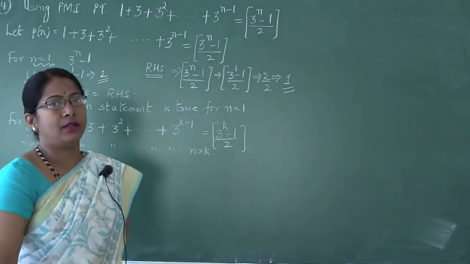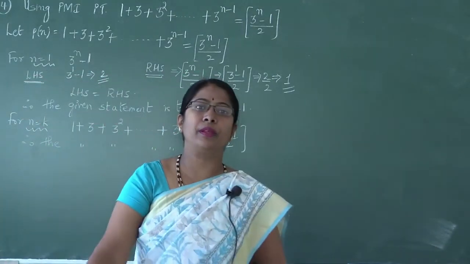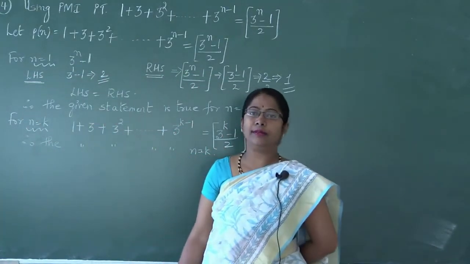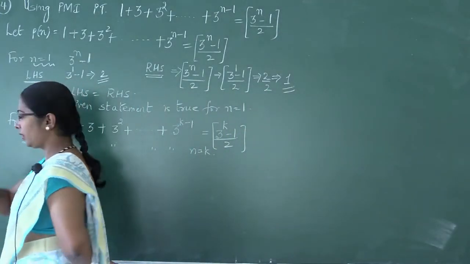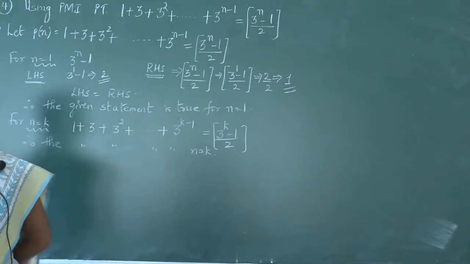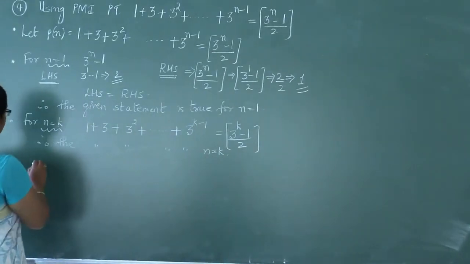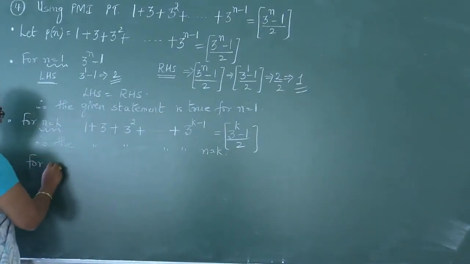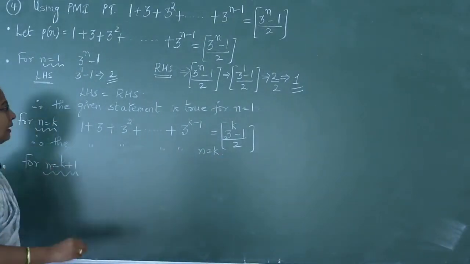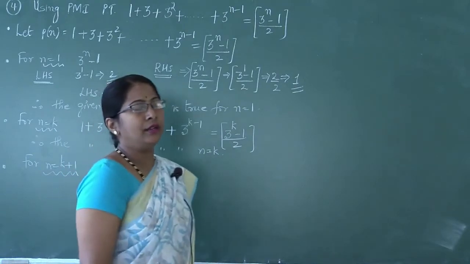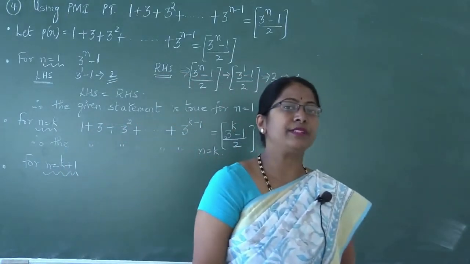Next, what is the last step of the problem? For n equal to k plus 1, we are proving the given statement is true for n equal to k plus 1. As I mentioned earlier, for n equal to k plus 1, what are we supposed to do?